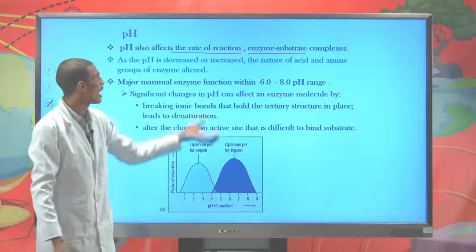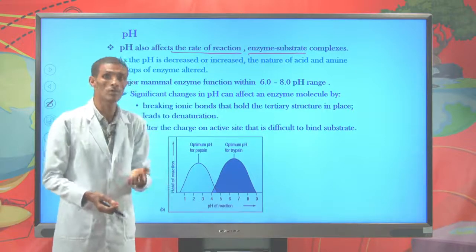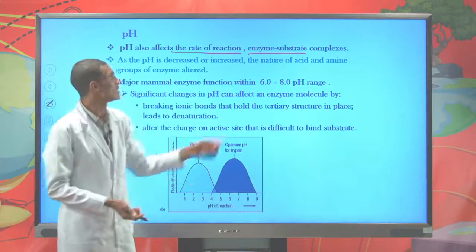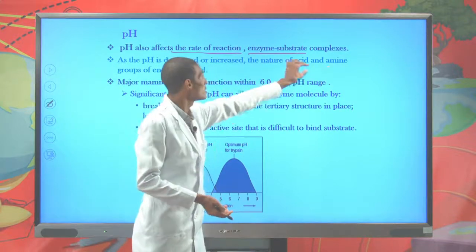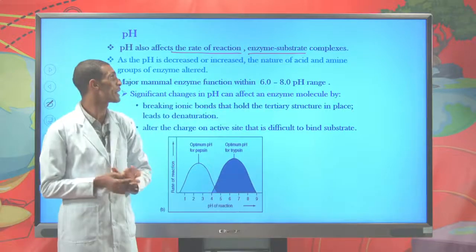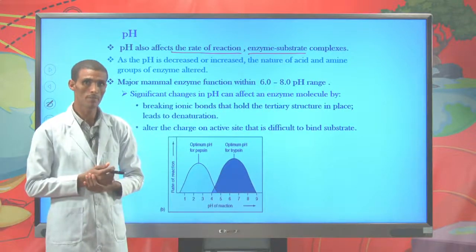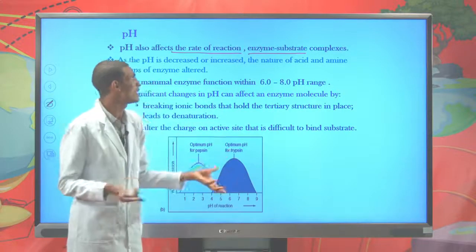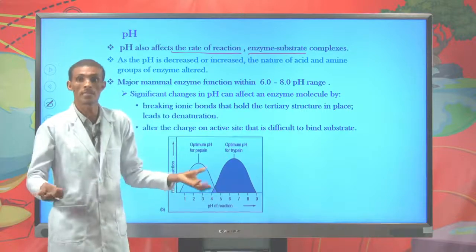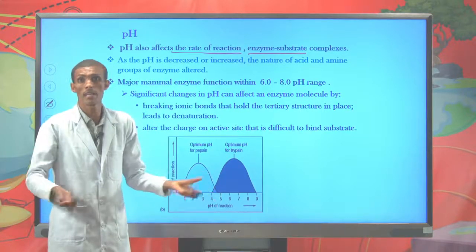We have seen that a protein contains carboxyl and amine groups, and the charge on the amine and on the carboxyl becomes affected. If the charge is affected, the enzyme may no longer catalyze, no longer speed up the rate of the reaction.